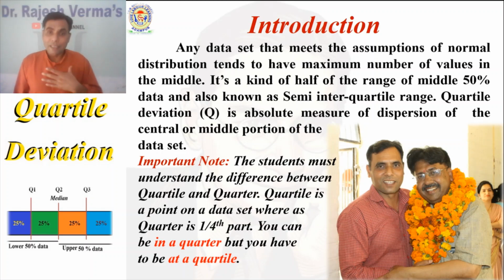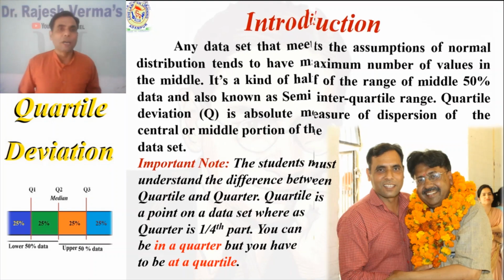You can accommodate yourself inside a quarter, but you cannot accommodate yourself inside a quartile. This is a major difference the students need to understand, so you should not confuse between them. A quartile is a point on a data set, whereas a quarter is a 1/4 part of that data set.